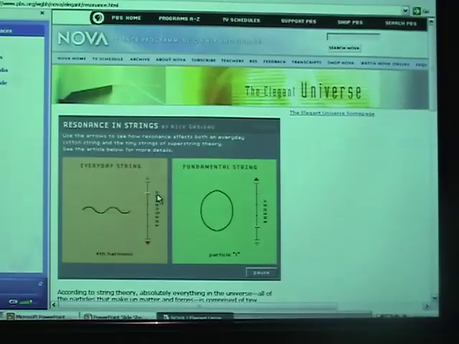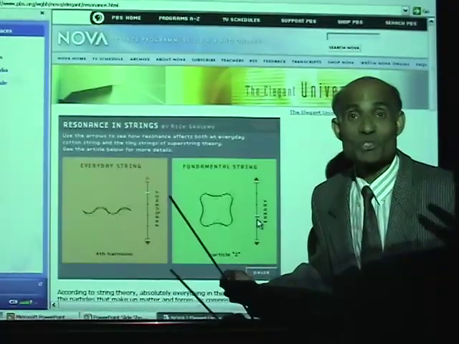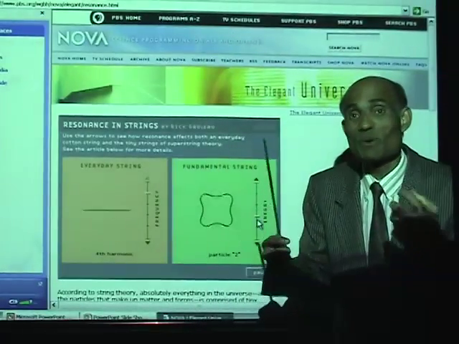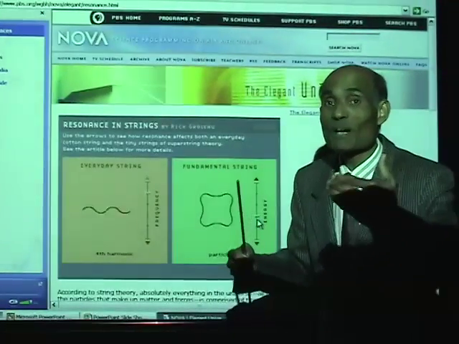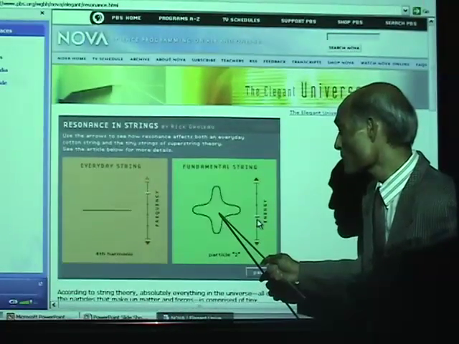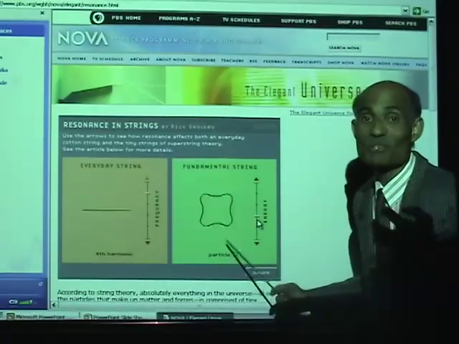That is the second mode of vibration. This is a different particle altogether. So by changing the modes of vibration, remember, modes of vibration means energy of vibration.